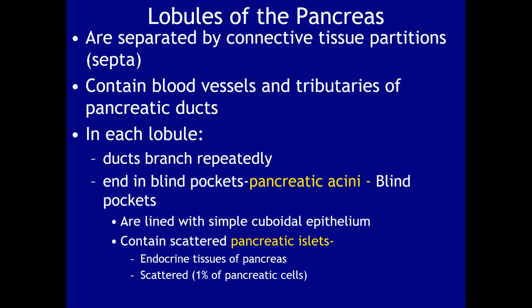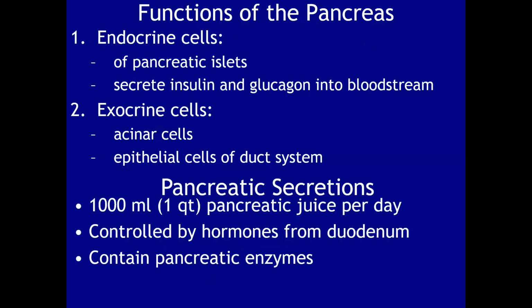So it's not just things that we need for digestion, but some have an endocrine activity. So we have endocrine cells that secrete insulin and glucagon into the bloodstream. And then we have exocrine cells, and they are the epithelial cells of the duct system.